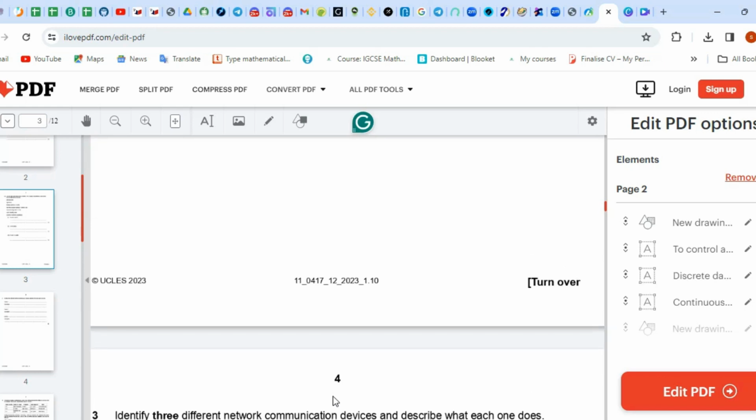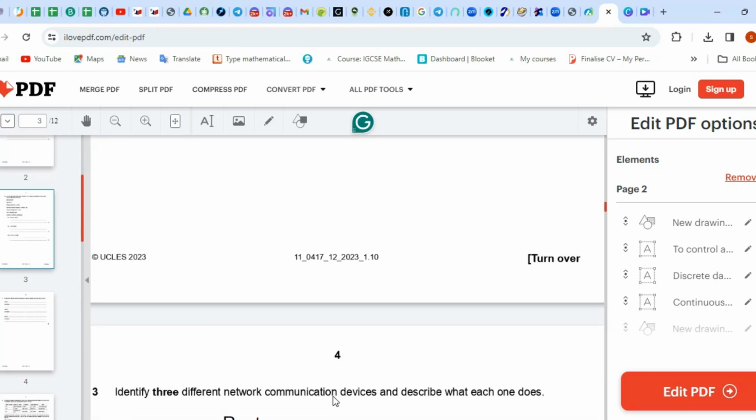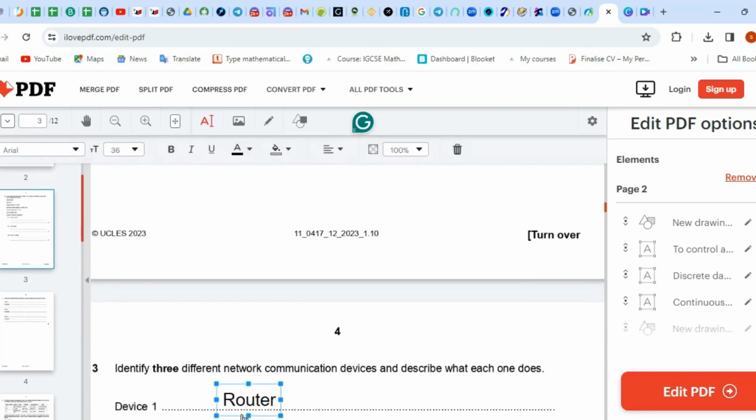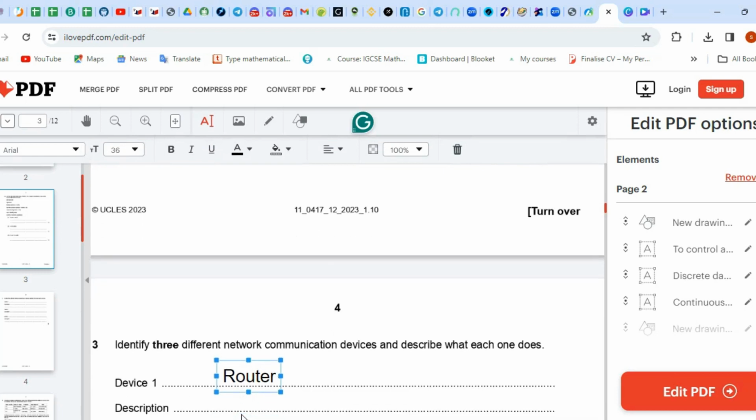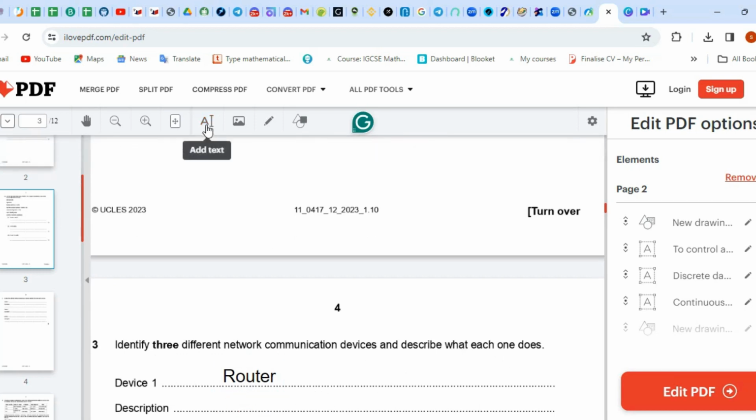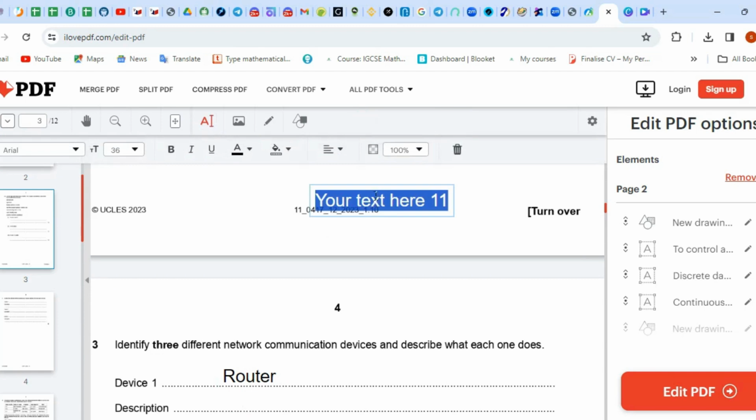Out of those 2 devices, one is coming out again, and that is the router. So what does a router do?